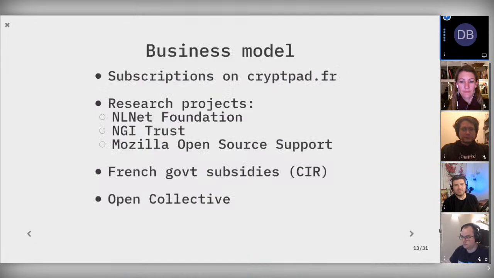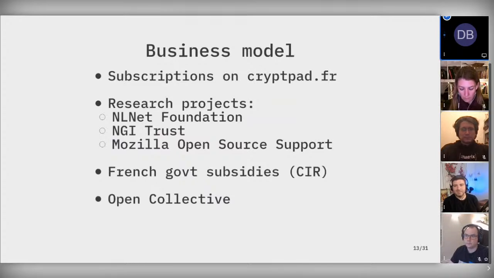So to finish, I just want to mention the way that we are funded quickly. We are all XWiki employees, but CryptPad is kind of self-sufficient within the company, or at least aims to be. Right now, our main sources of revenue are subscriptions on CryptPad.fr. We have paying plans to get more storage.